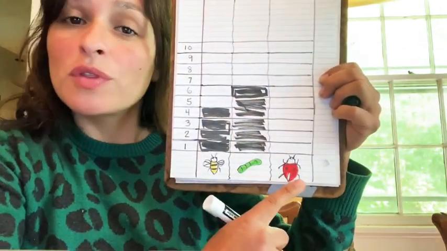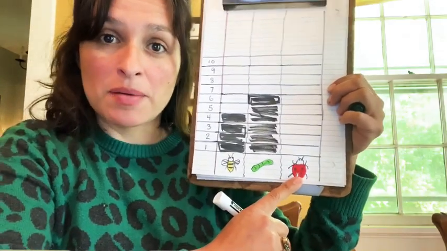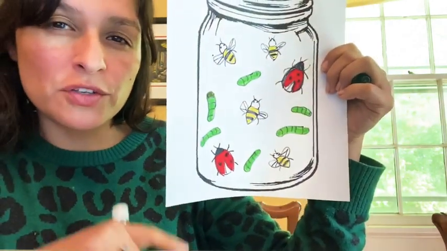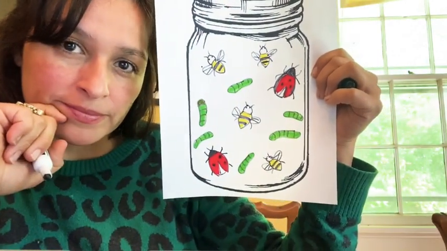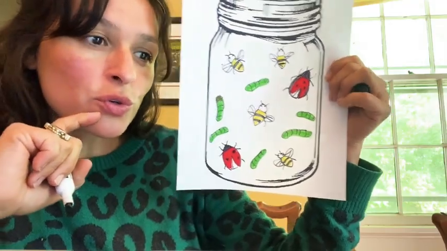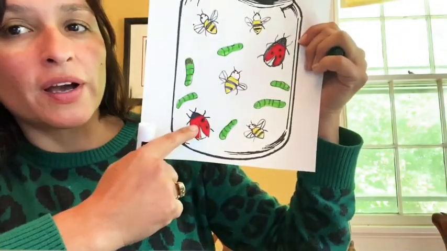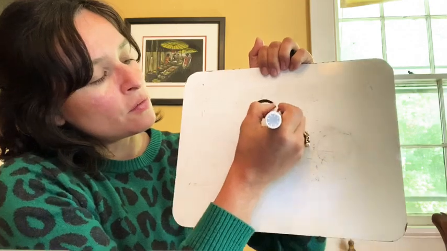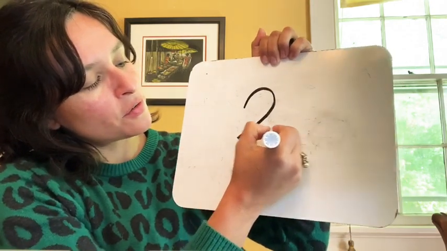Now let's go to the ladybug, okay? Vamos a ver cuántas mariquitas encontramos. Here's my jar. How many do you see? ¿Cuántos ves? 2. 1, 2. All right, so that number goes like this. Around and down to the ground.